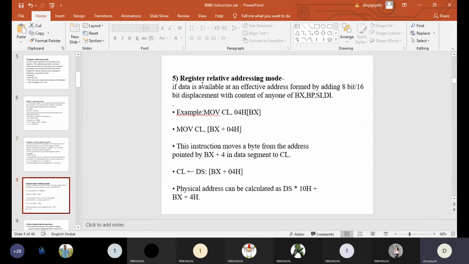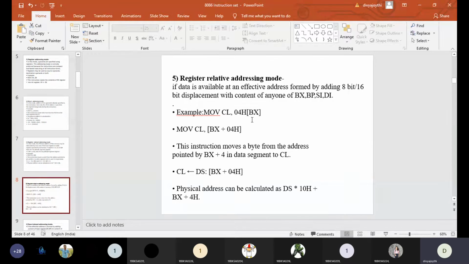Next, register relative addressing mode. Next type is register relative addressing mode. If you observe the example, move CL comma 04 into BX. Here this 04 is said to be the displacement.